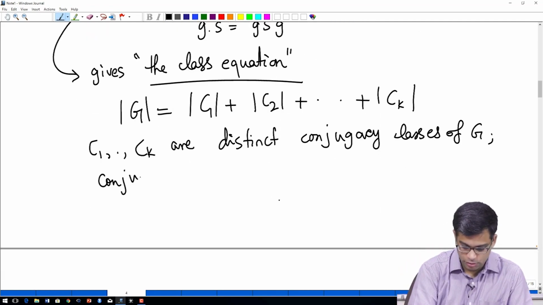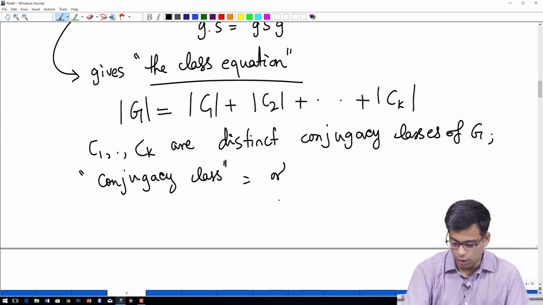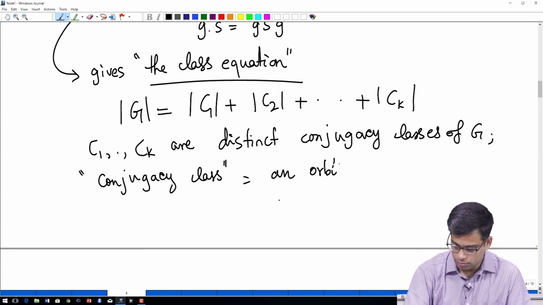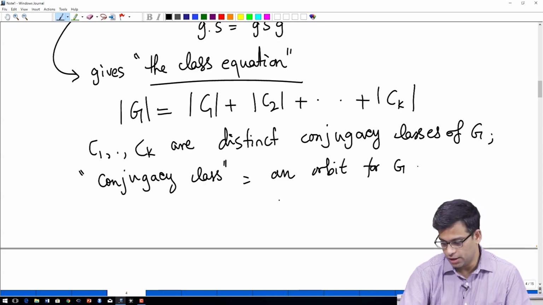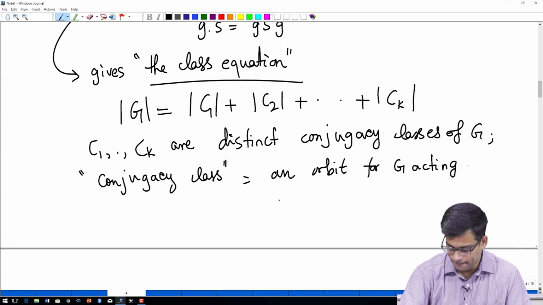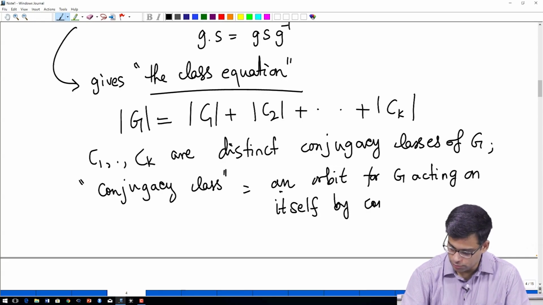A conjugacy class is simply an orbit for G acting on itself by conjugation.